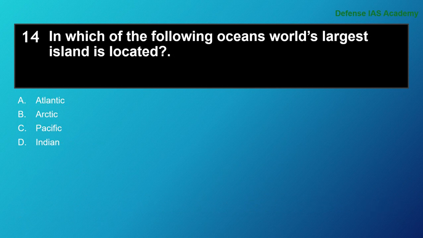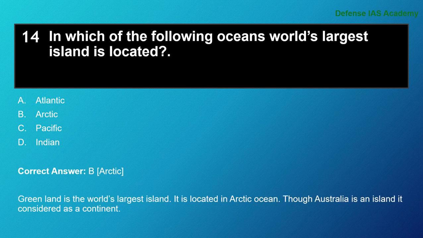In which of the following oceans world's largest island is located? The answer is option B, Arctic. Greenland is the world's largest island and it is located in the Arctic Ocean.